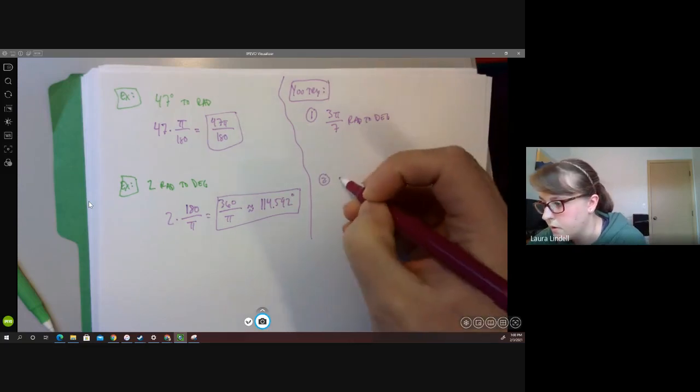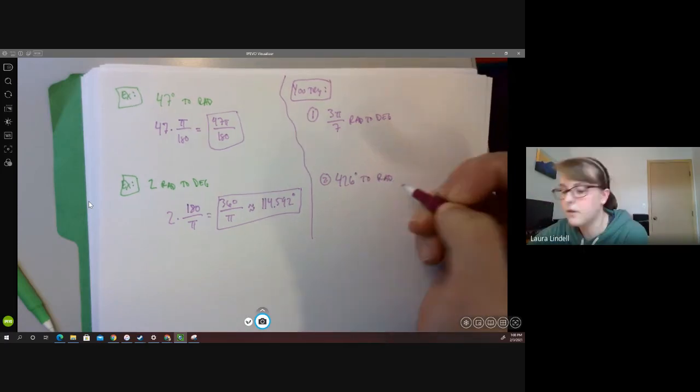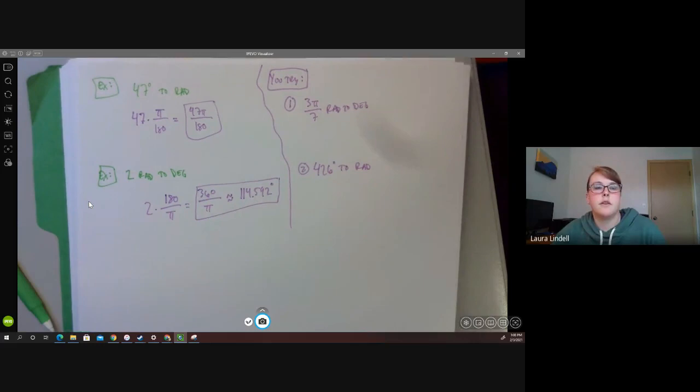And we'll do 426 degrees to radians. So go ahead and try those two. When you think you've got an answer, go ahead and type "got it" in the chat, and then we'll go over them.